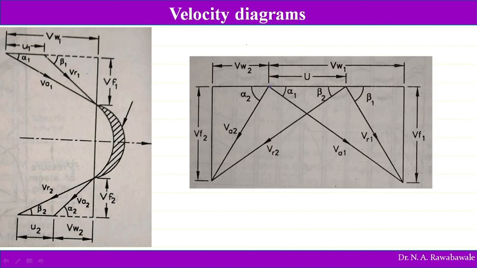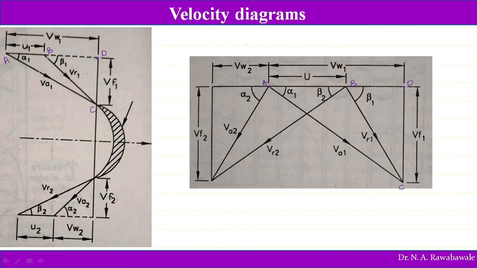We call this point A, point B, point C, and this point D. So this diagram is A, B, C, D. All points are taken and angles are copied.